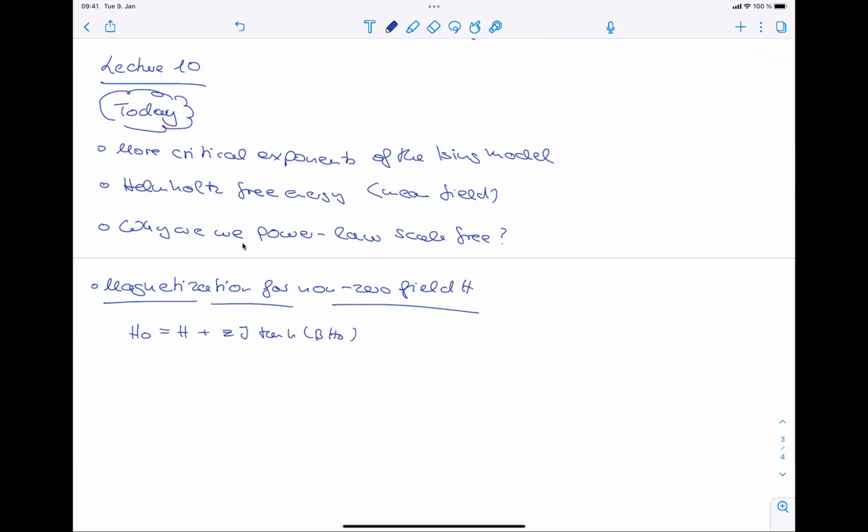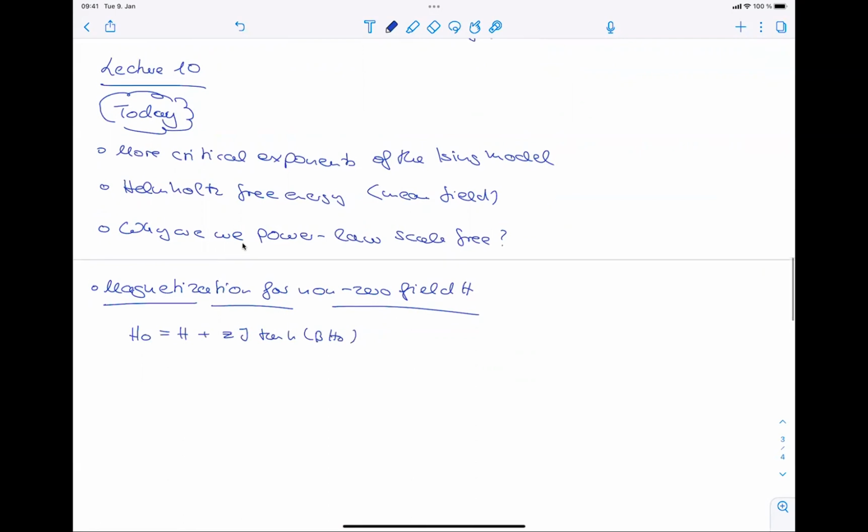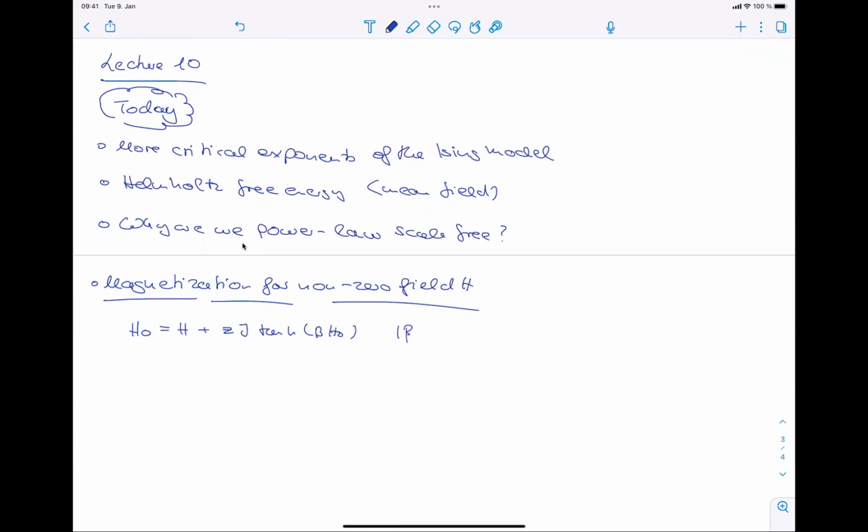And so what I can do, I can multiply this whole equation by beta to arrive at this equation.